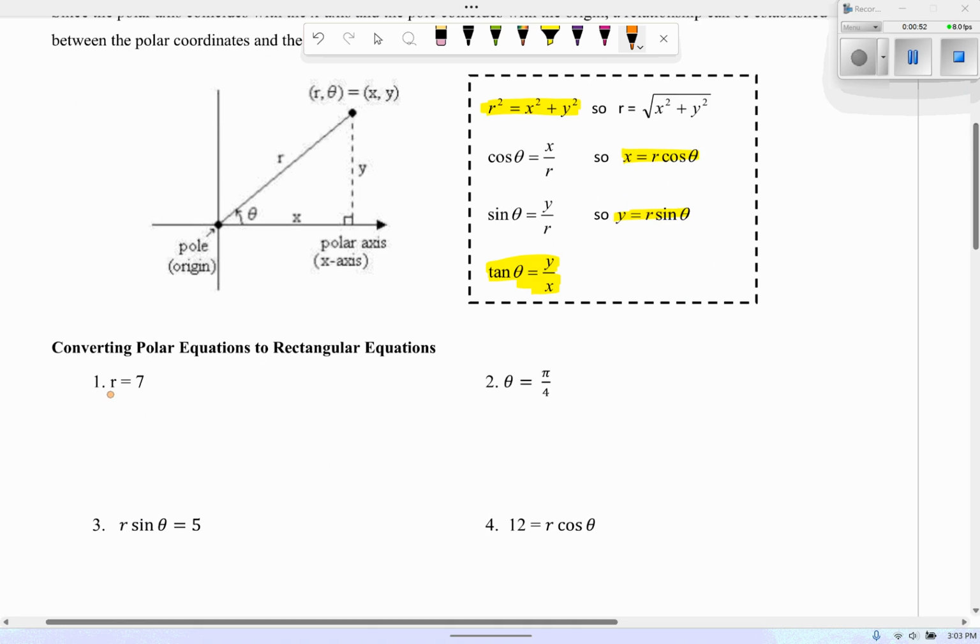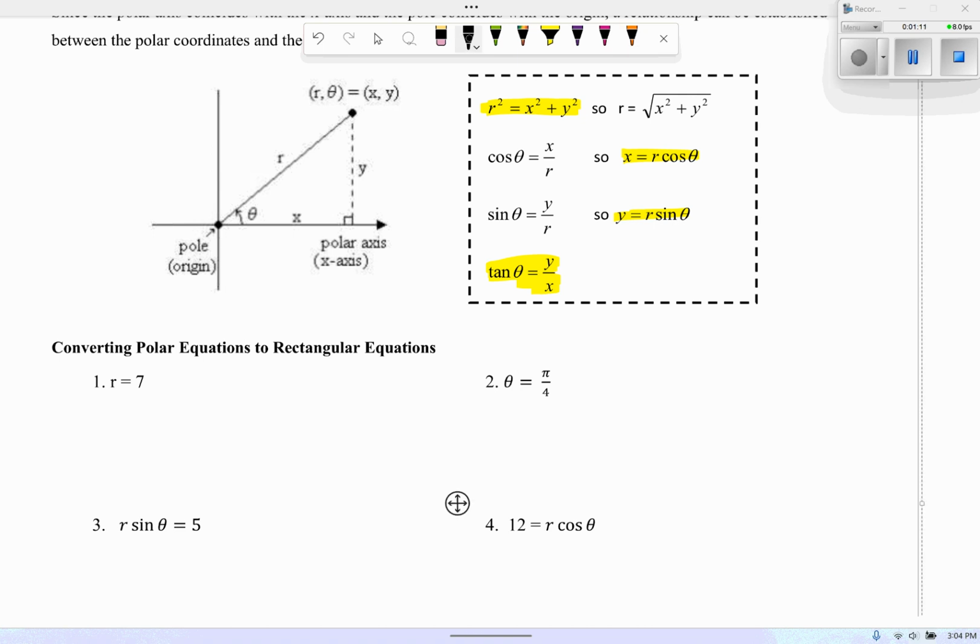Here we have r equals 7. So we know that this is a circle with the distance from the pole being a distance of 7. And so for this, we just need to figure out now the rectangular equation. So if I have r equals 7, I know that if I were to square both sides, that would help me use this equation right here.